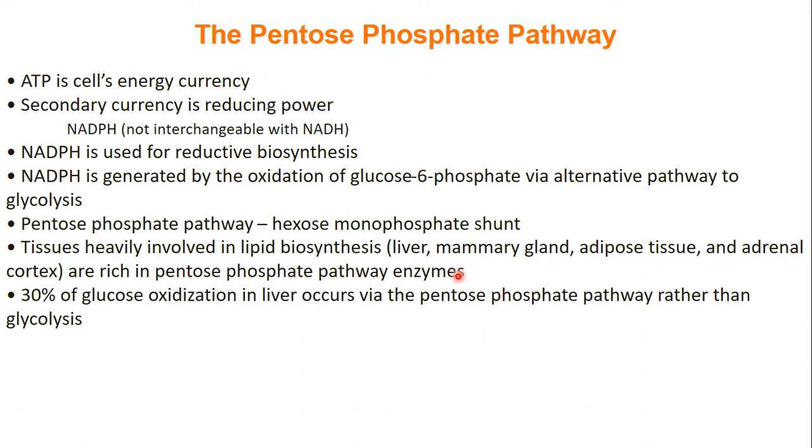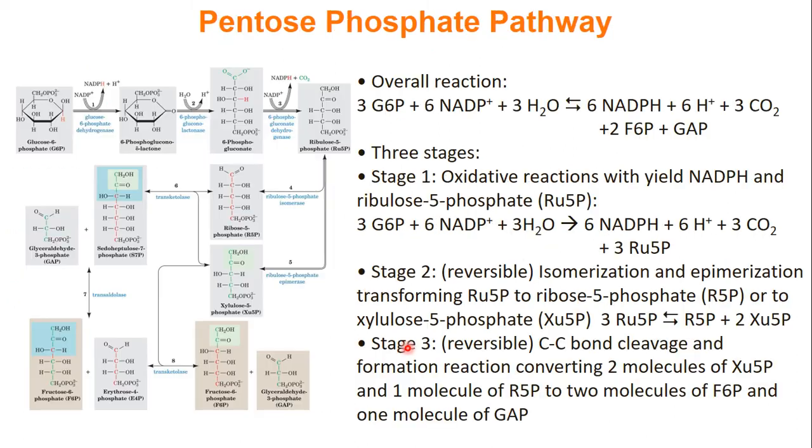Now, any tissue that is heavily involved in lipid biosynthesis, this being your liver, mammary gland, adipose tissue, and adrenal cortex, they're going to have a lot of these pentose phosphate pathway enzymes, and they're going to be the ones carrying out this reaction. And actually, 30% of all glucose that is oxidized in the liver will go via the pentose phosphate pathway rather than just straight up glycolysis.